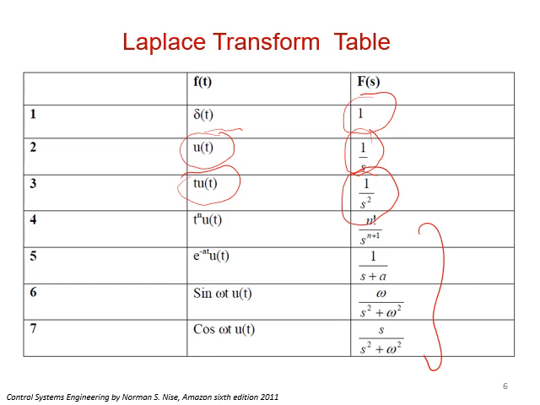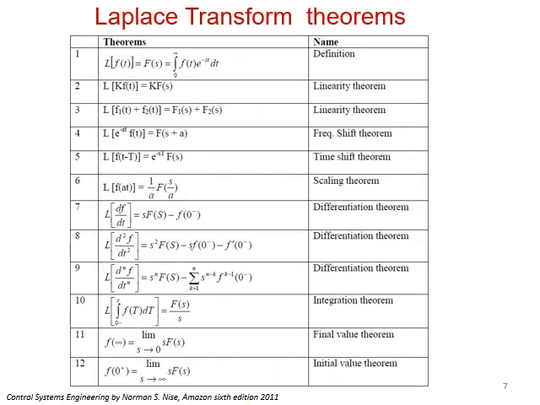So whenever we have a function in time domain, we are going to rearrange the function to put it in this format. Then we are going to find its equivalent from the table as shown here. Or sometimes we need to use certain theorems in Laplace to simplify the function, and it's going to make it easier for us to find its Laplace inverse.